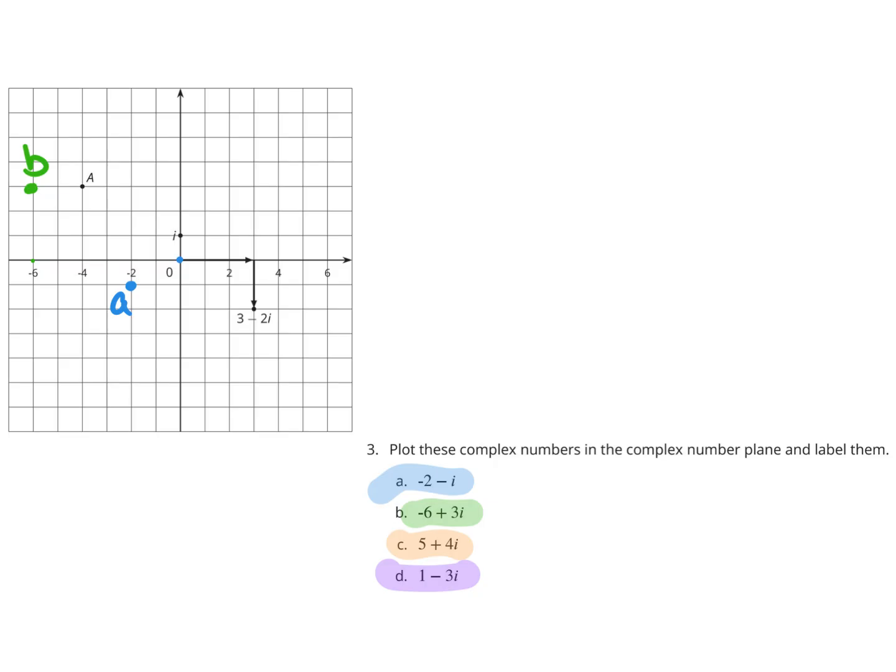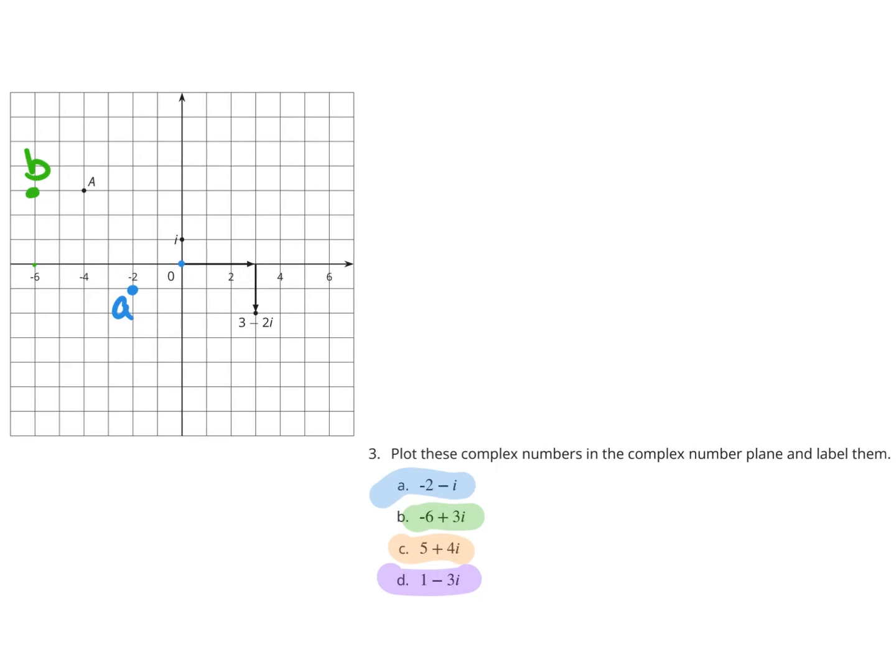So we go over to 5, we go up 4. That's right there. That's point C. And then finally, point D is 1 minus 3i. 1 minus 3i is right there.